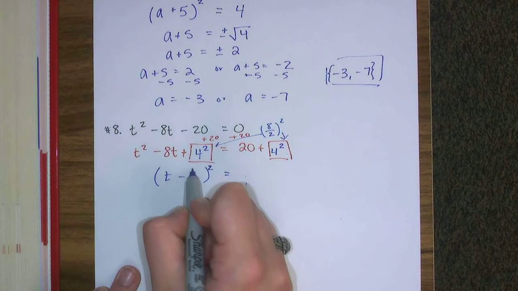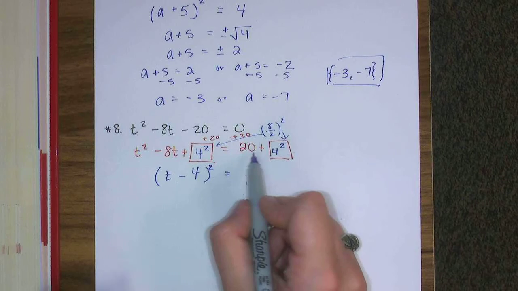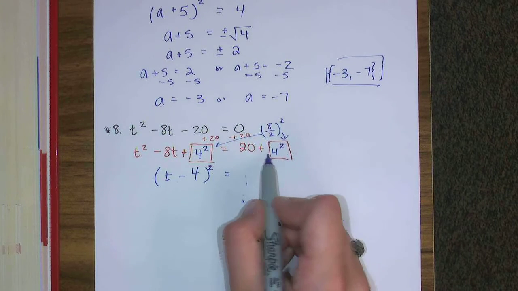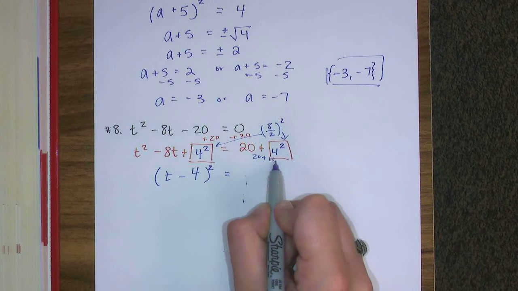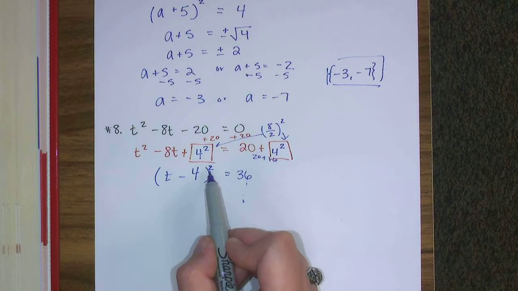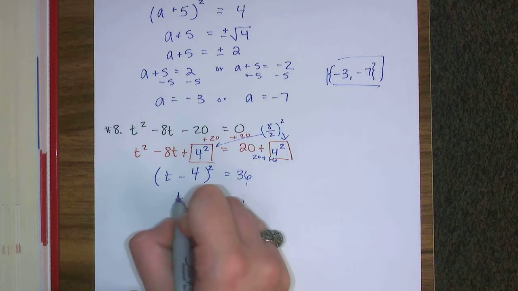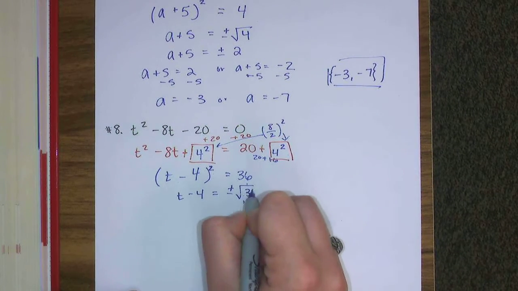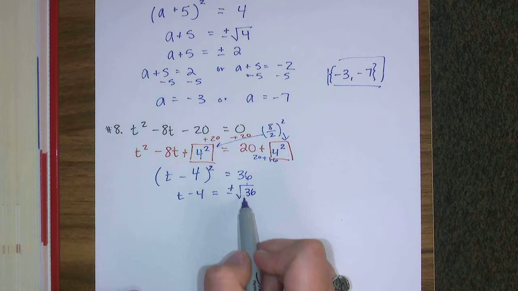Now, 20 plus 4 squared is 16, so 20 plus 16 is 36. Got to take the square root of both sides. T minus 4 is equal to plus or minus the square root of 36. Square root of 36 is 6. T minus 4 is equal to plus or minus 6.